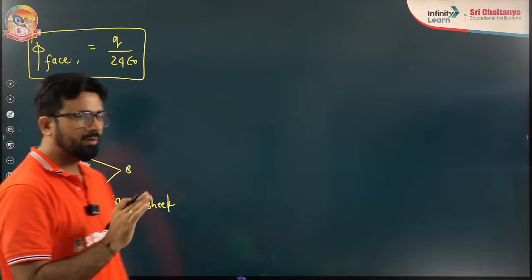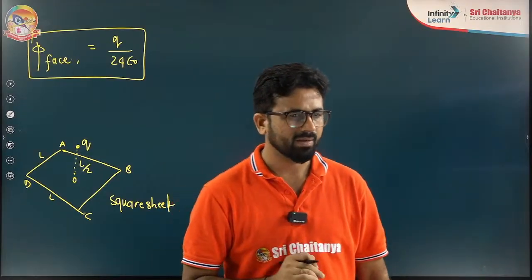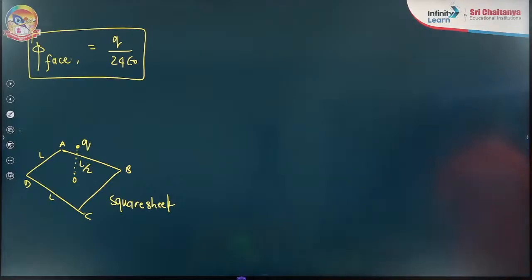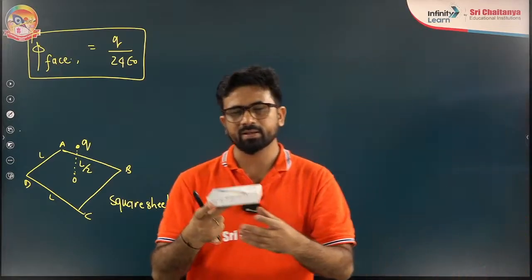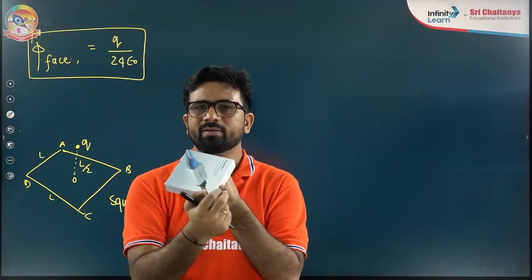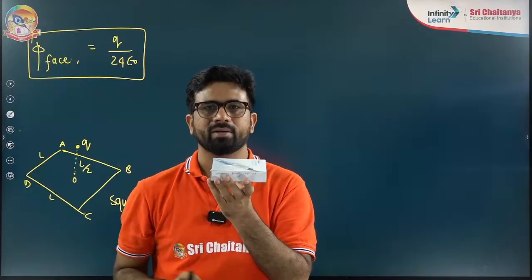Listen carefully. Suppose I am taking this square. You can see this is the square, this is L, this is L, this is L. All sides are equal.